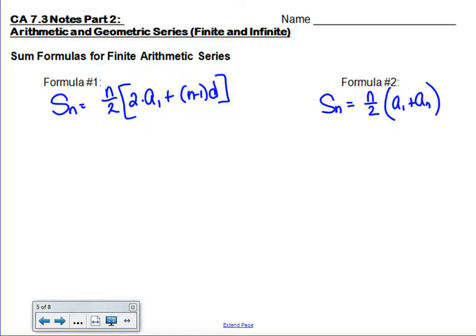He of course thought that was too tedious, so he came up with a shortcut. He realized that if he added the first and last number, 1 and 100, and then the second number and the second to last number, 2 and 99, each time it gave him 101, and then he realized how many pairings of those he had. Actually this is the formula that he came up with as a little baby 3rd grader.